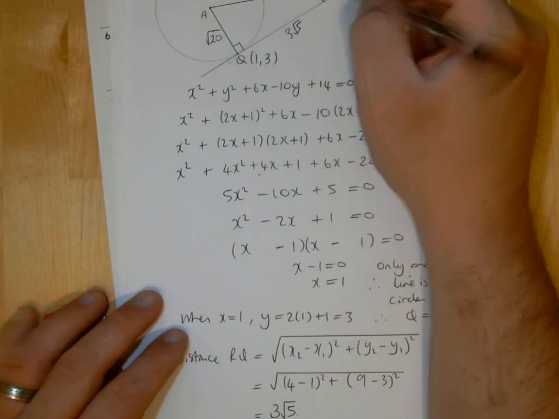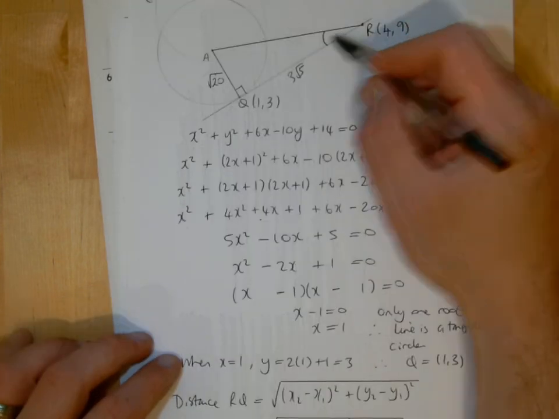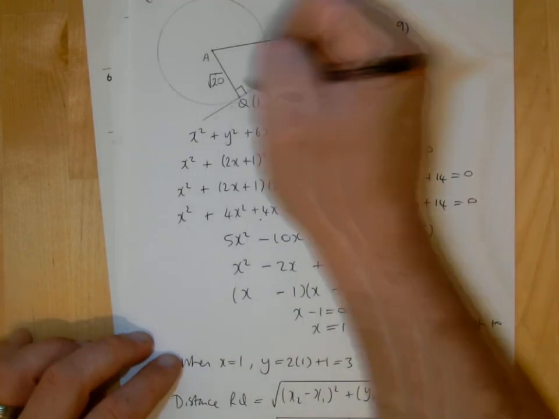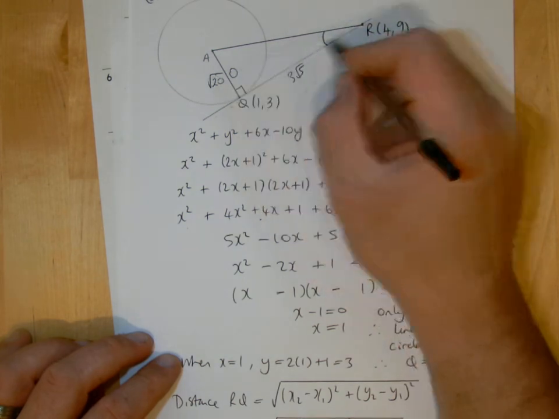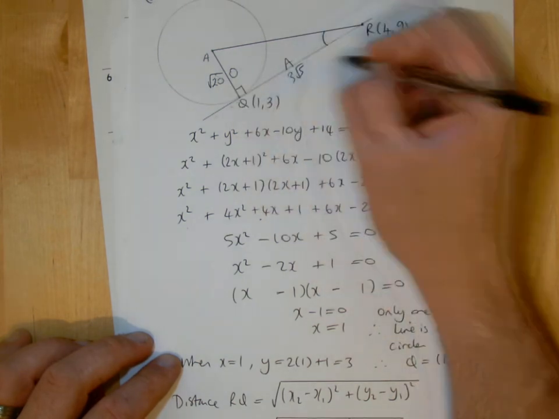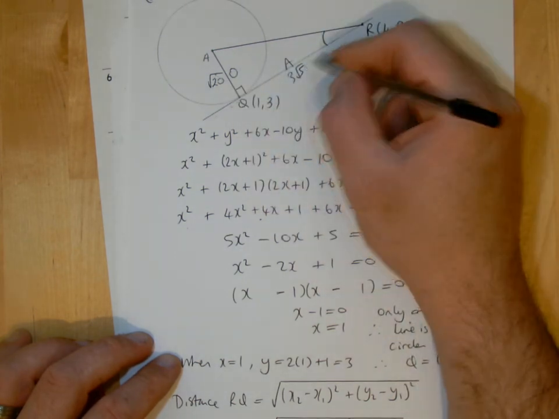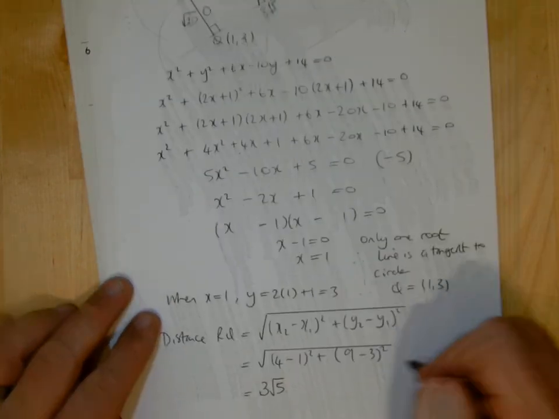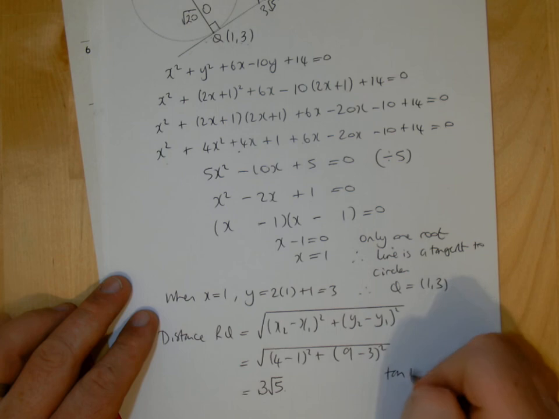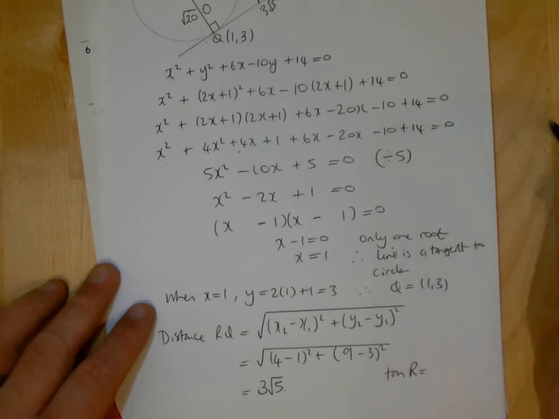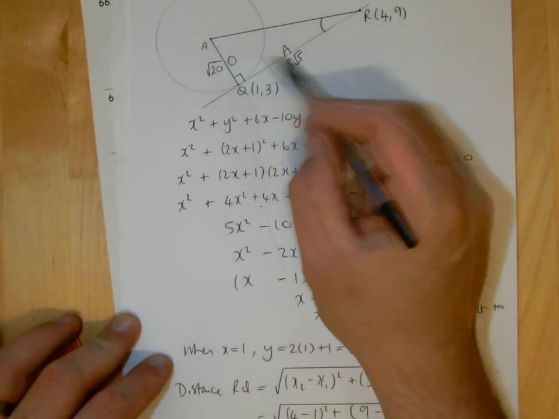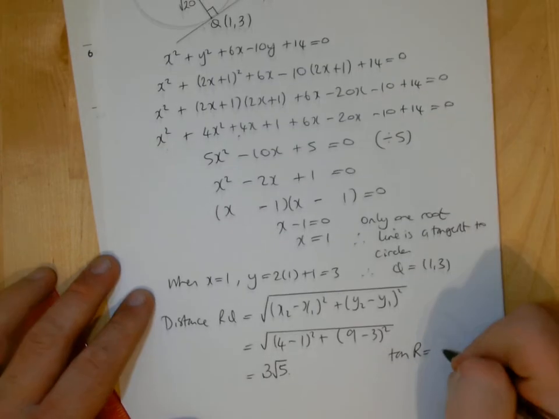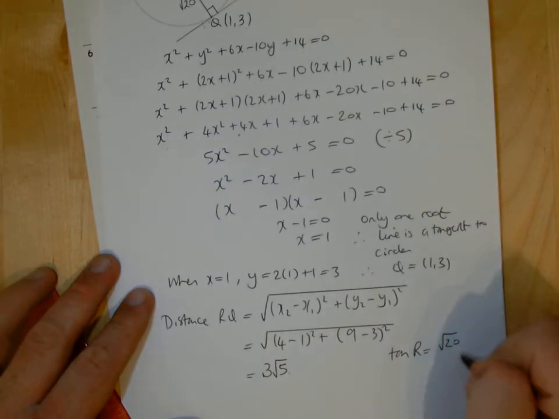So to get the angle at R, I just need to use SOHCAHTOA. That's going to be my opposite side, opposite the angle, and then my adjacent, next to the angle, so O and A. So quite simply, O and A is going to be tan. So tan of the angle at R will be the opposite, which is root 20, divided by the adjacent, which is 3 root 5.